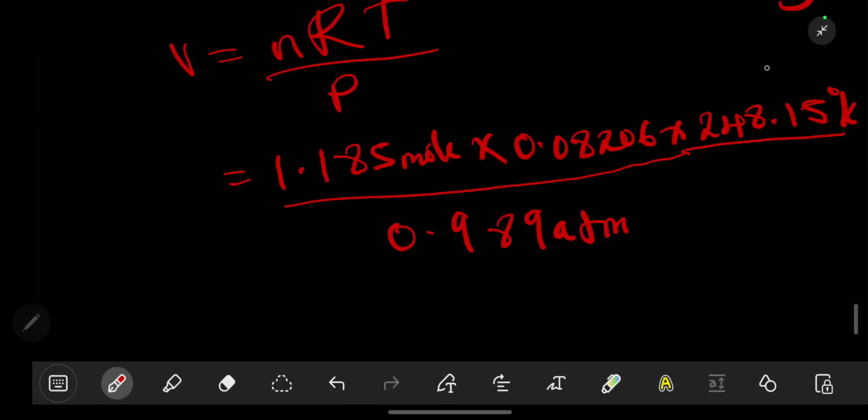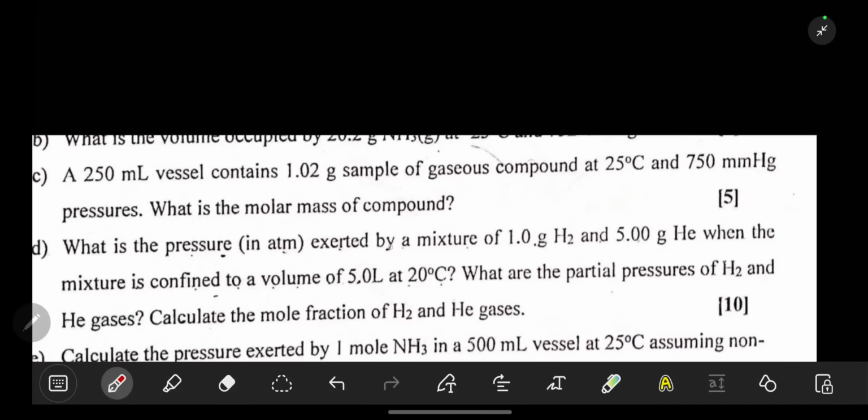So when we press everything, 1.1885 times 0.08206 times 248.15, then this value divided by 0.989, this is going to give us 24.41. So this is the volume, which is in liters.